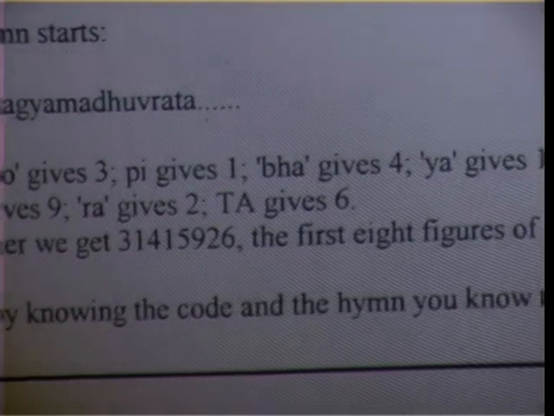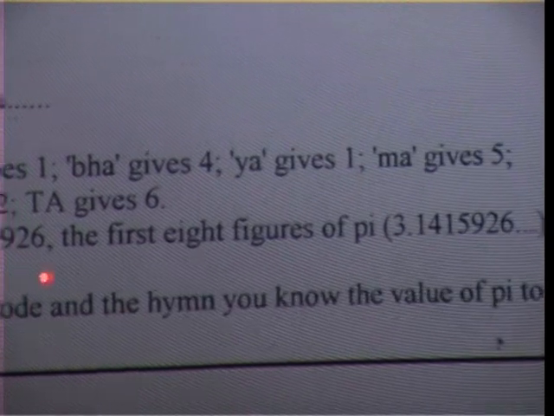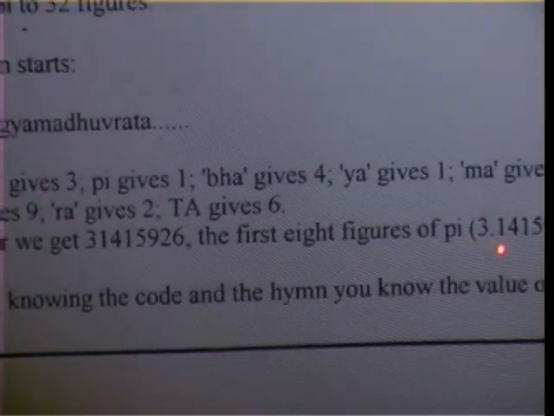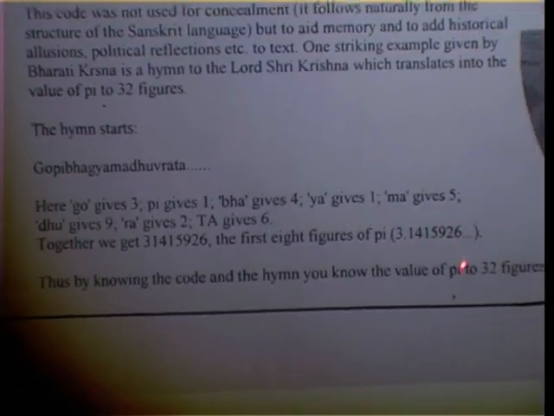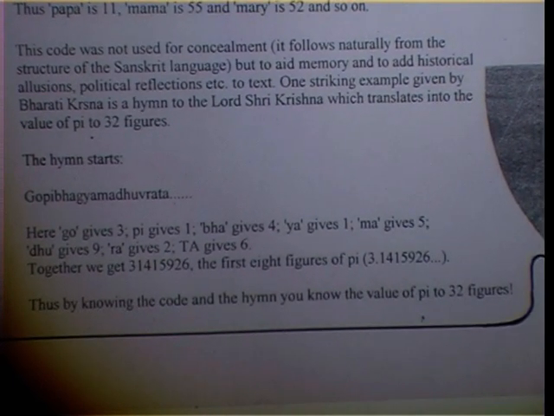So when they said Go, Pi, Ba, Ya, Ma, Du, Ra, Ta, they were reciting pi to 8 decimal places, to 3.1415926. And also the whole history of all the kings and queens and what happened in history, they sang songs that kept the actual history alive through song as well. And this is something that we've lost. And Bharati Krishna's work in Vedic mathematics was to reveal how the ancients thought and how they kept this mathematics alive.